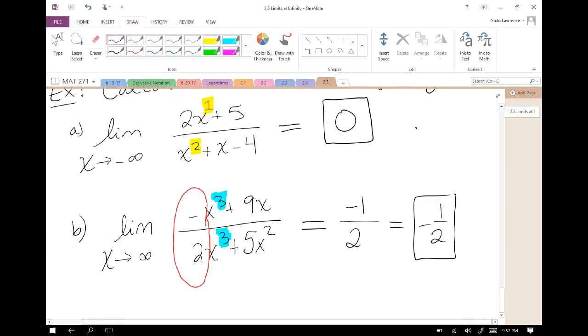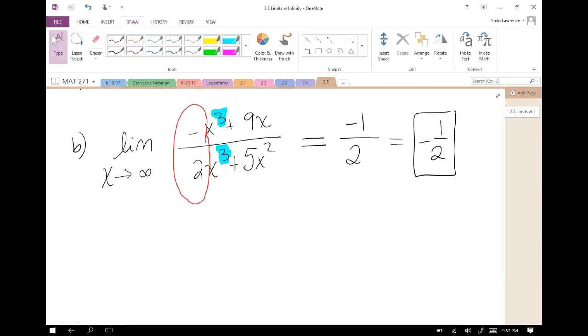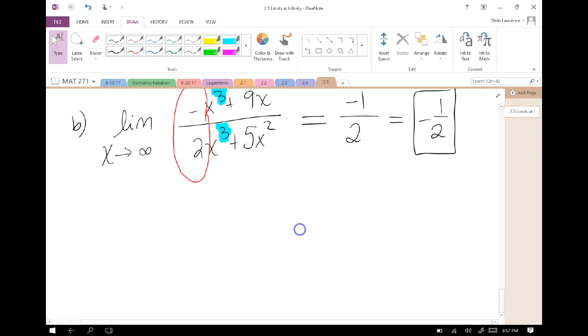So here's an example of when our denominator is larger, it's always 0. When the degrees match, we just use the coefficients. The trickiest part is when the numerator is bigger, because then we've got a little bit more work to do. So we're actually going to look at 2 more.